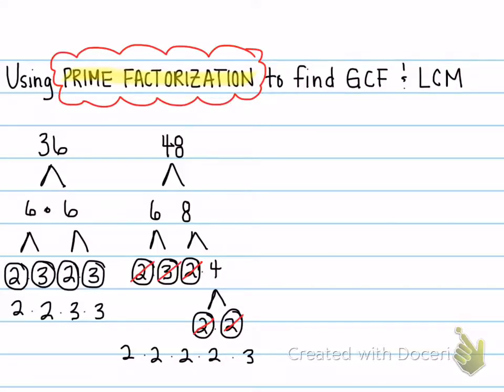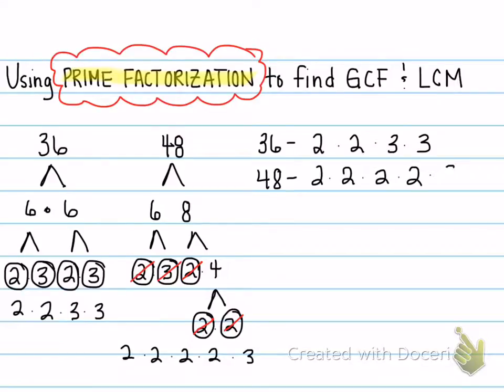So 36 was 2 times 2 times 3 times 3, and 48 was 2 times 2 times 2 times 2 times 3. To find the GCF, you need to circle the common primes. And I want you to write that down to be able to solve this.